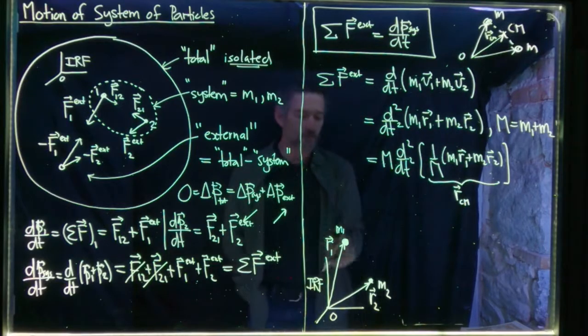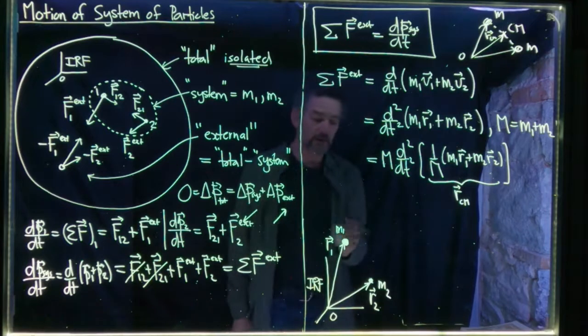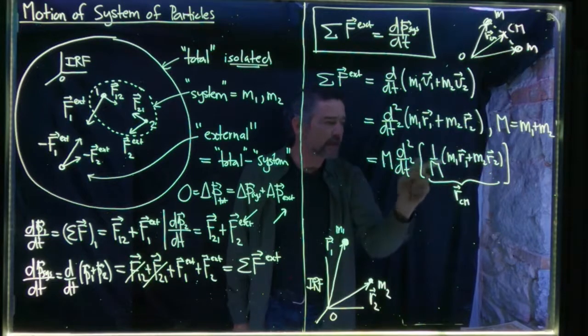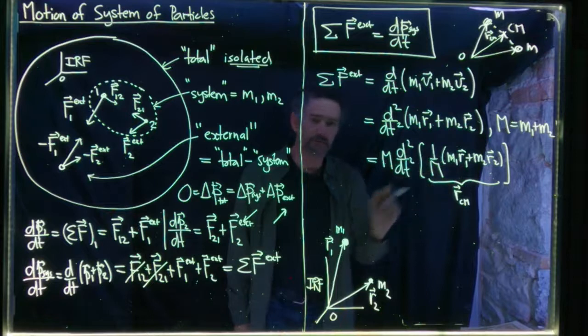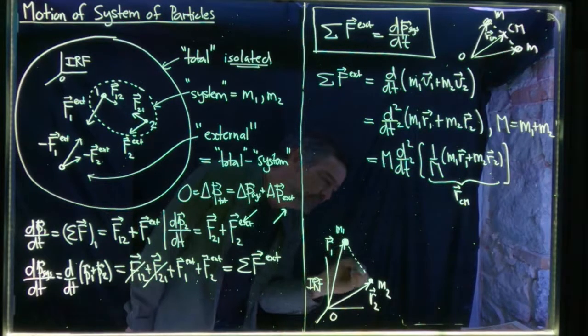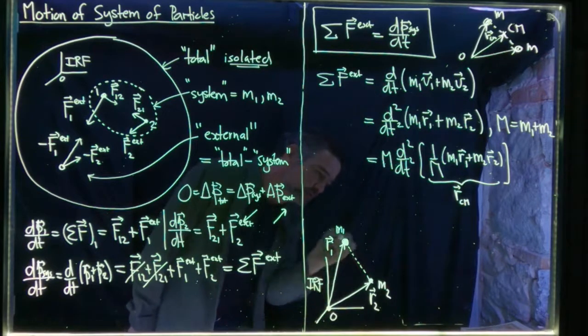But suppose that M1 is bigger than M2. In fact, let's make it really big. Let's suppose that M2 is tiny compared to M1. Then that term basically drops out. Big M is basically M1. M1 over M1 is 1. And RCM becomes R1. So RCM is a vector which points from the origin of our coordinate system to some point along the line connecting M1 and M2.